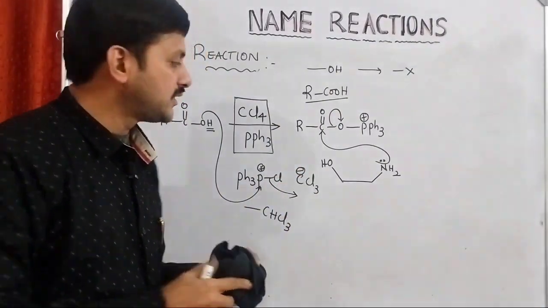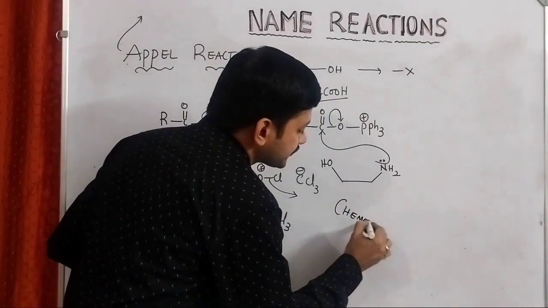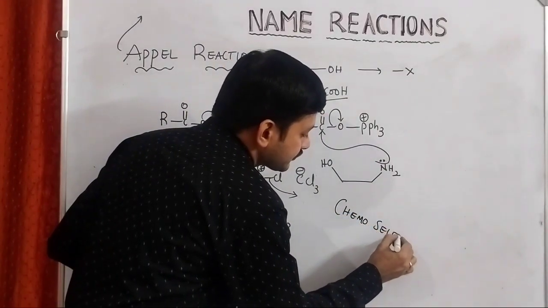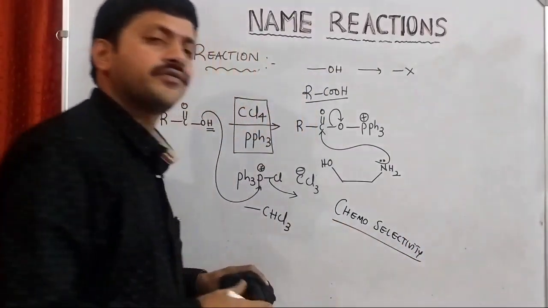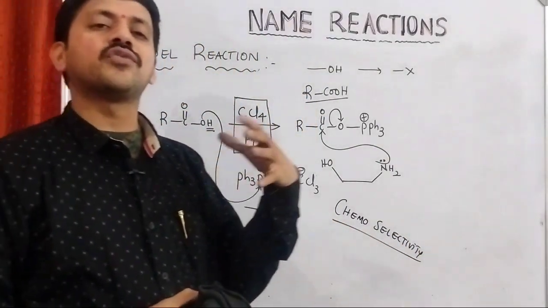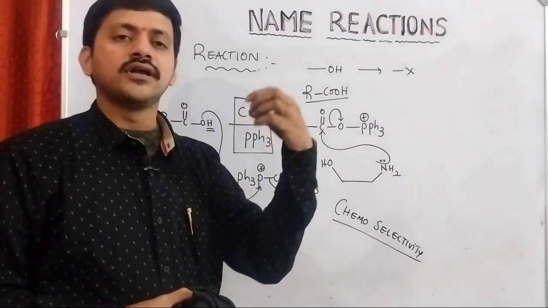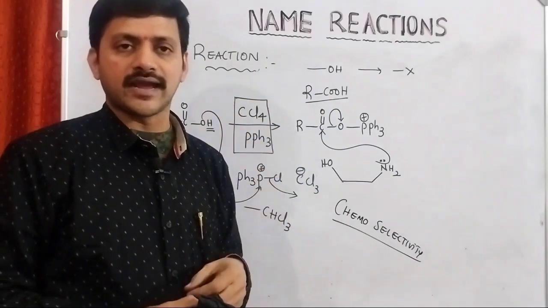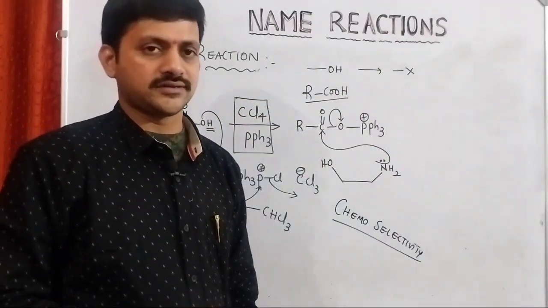Why? Because of the concept of chemoselectivity. According to chemoselectivity, what happens if you have more than one reactive center? The reagent is going to use only one particular reactive center, leaving behind the other potential reactive centers.